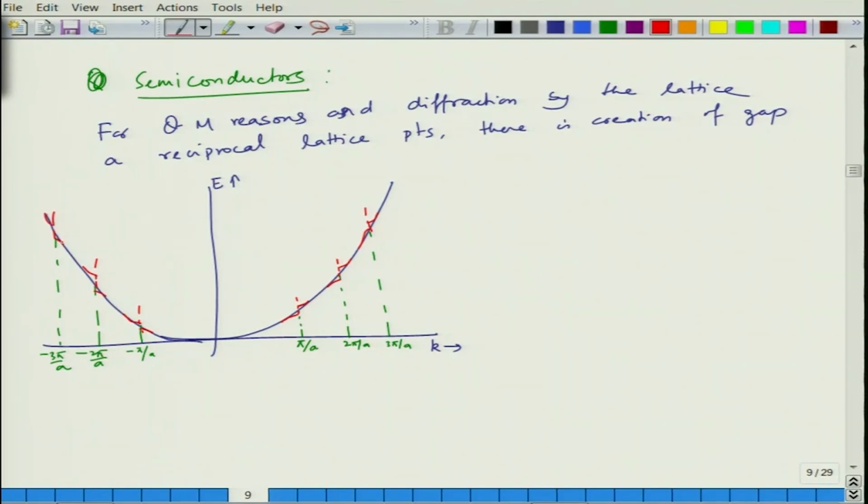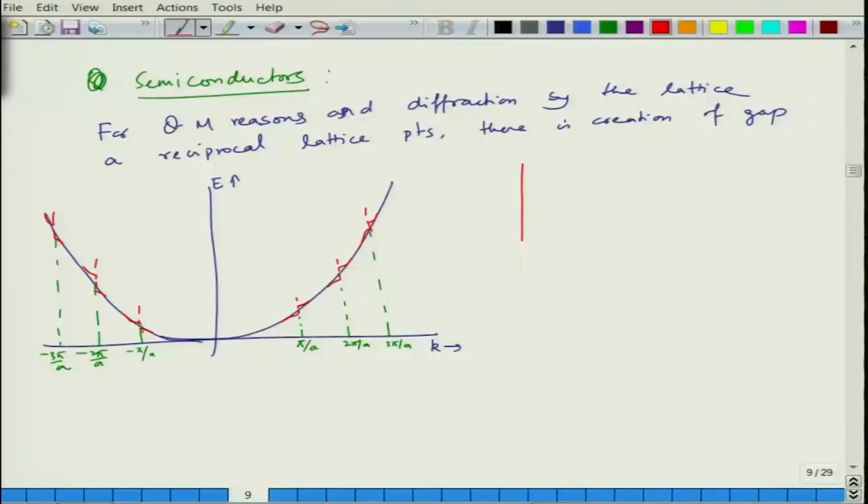So a lot of these gaps are created, but for a 3D solid you have a lot of energy states. When you make the band structure for a given 3D solid, it may be slightly different. Let me show you the picture. You may have energy levels going like this.